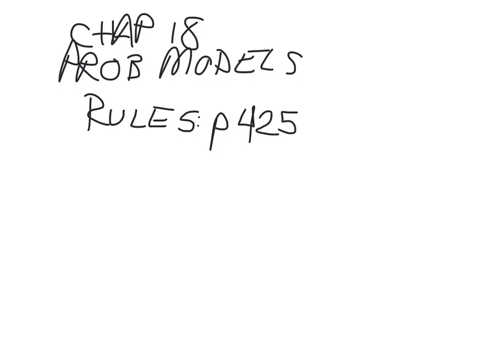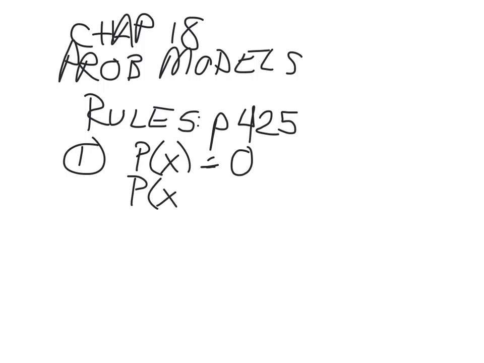And the first rule, first of all, there's something wrong in your book. The probability of some event X or some outcome X actually can be 0 and it can be 1. Okay?